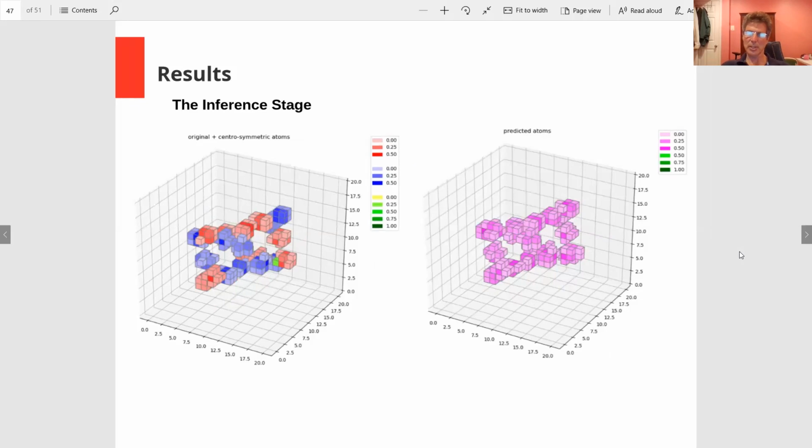Okay, that's all 6 of them. And you can see the strong similarity between the true output and what the neural network is predicting as its output. So it seems to be inferring atomic coordinates, or at least density maps, from Patterson maps.